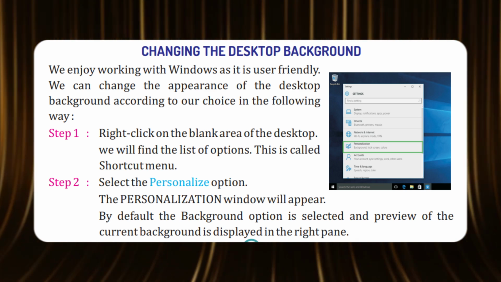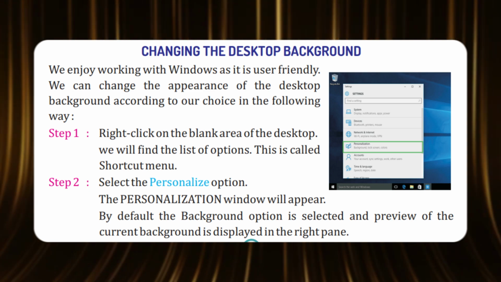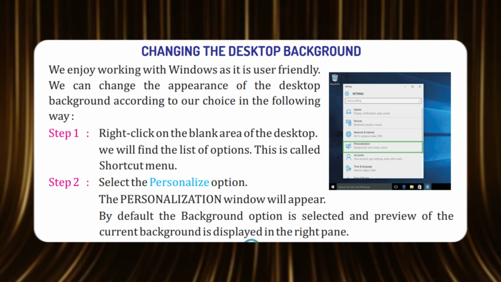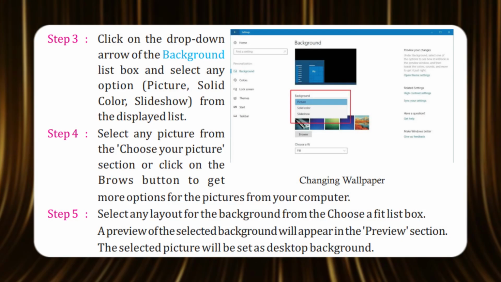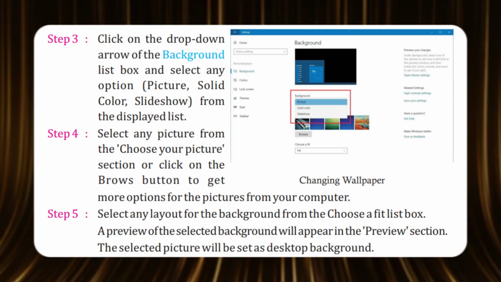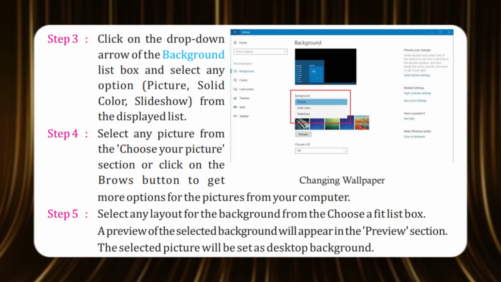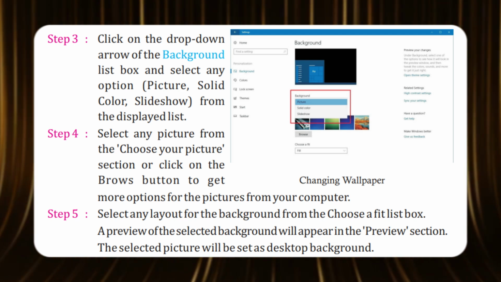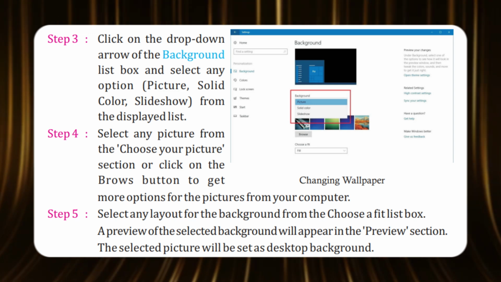By default, the background option is selected and a preview of the current background is displayed in the right pane. Step 3. Click on the drop-down arrow of the background list box and select any option, picture, solid color, slideshow, from the displayed list. Step 4.